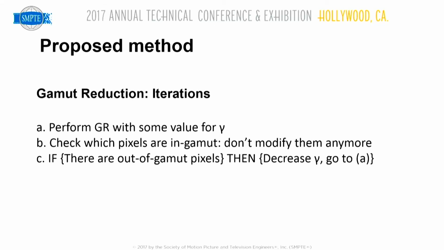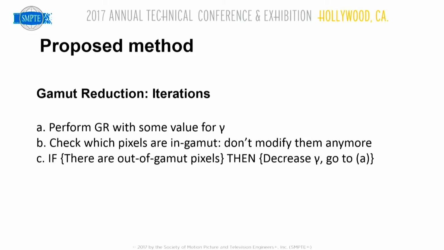So this is not really a good gamut mapping result, because gamut mapping requires not only, as I said at the beginning, that the gamut is transformed, you also want to preserve the appearance of the original content, and this is not doing that. So for gamut reduction, we iterate our method in the following way. We start with a small value for gamma and perform gamut reduction.